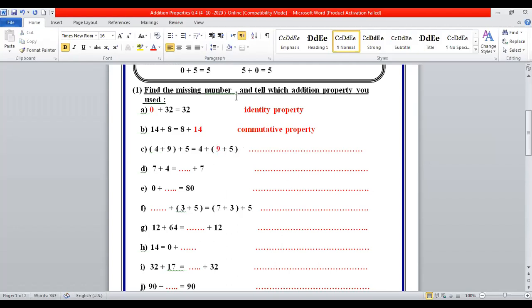Yes, 9. What is the name of the property? We have three numbers and we change the grouping. Associative property.